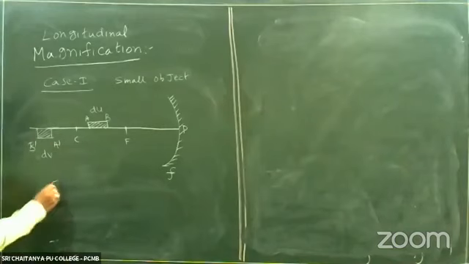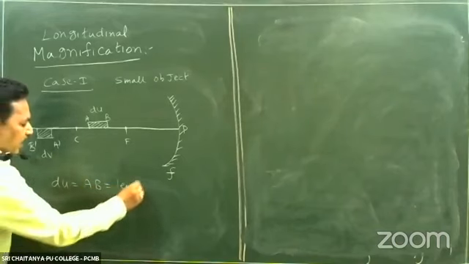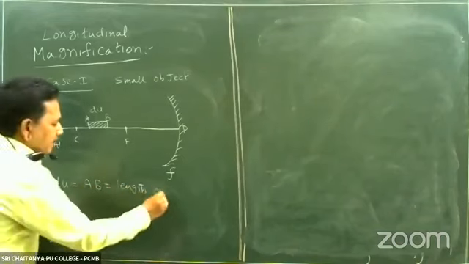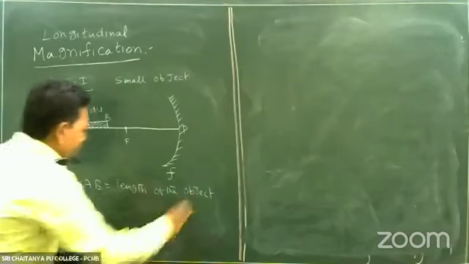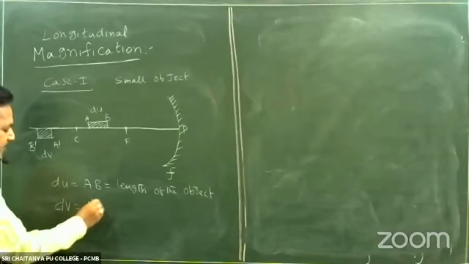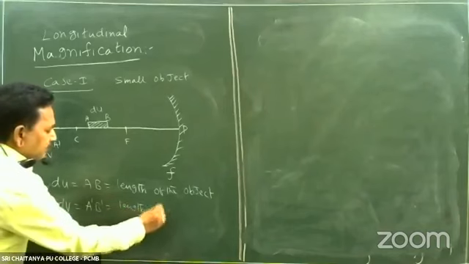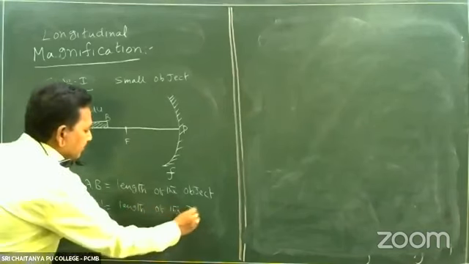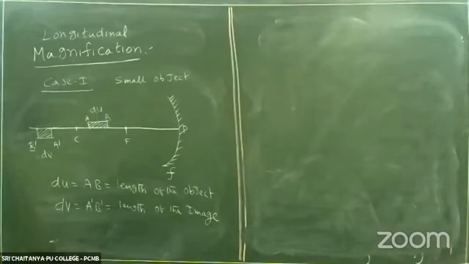Longitudinal: DU is AB, the length of the object. DV is A dash B dash, the length of the image.